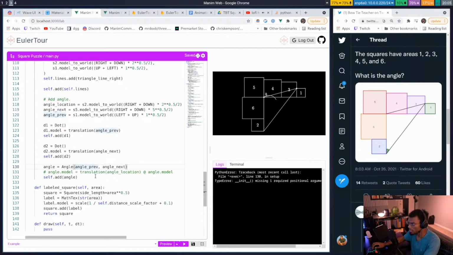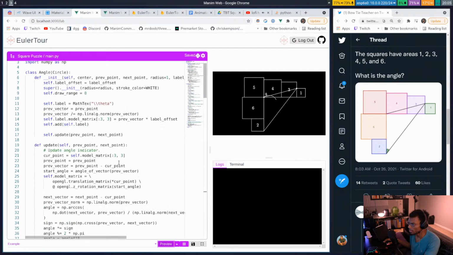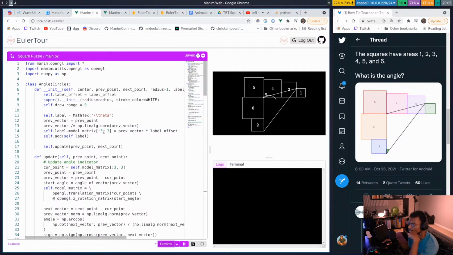Then in this angle, I want to do this. And now I want to do this computation. In pre-vector, I want this minus the center. Then I have to do that in update.